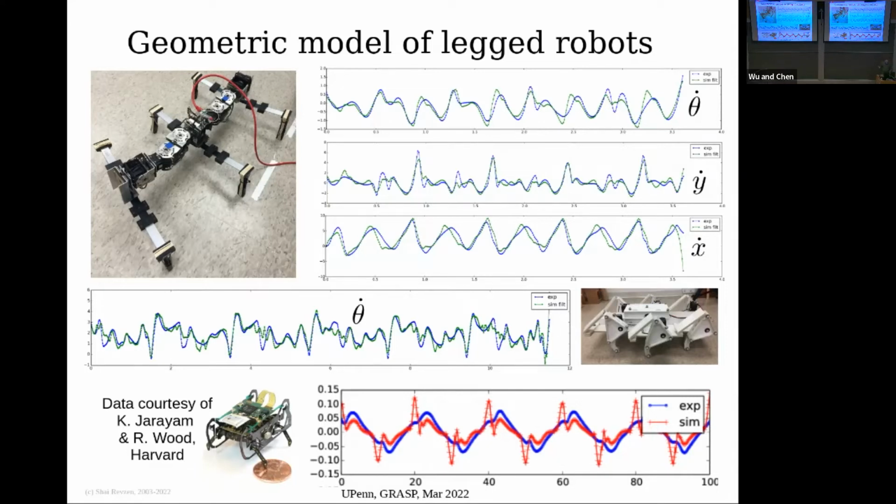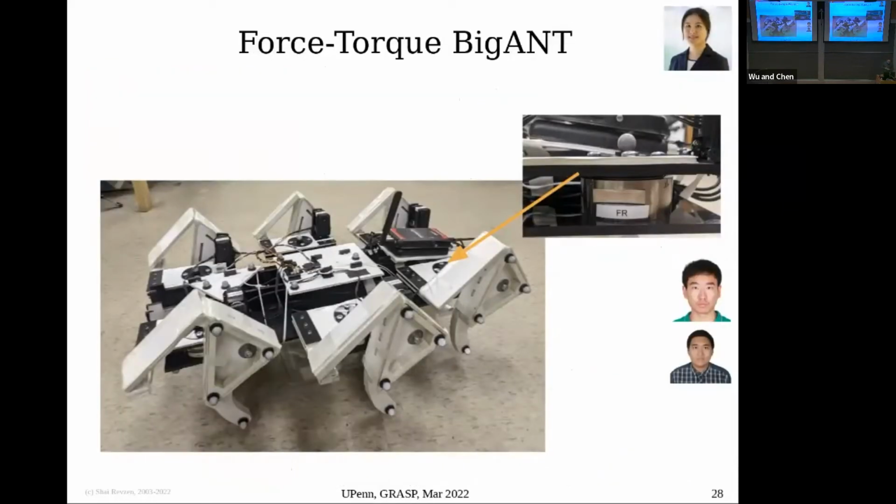And so some generous folks at the DoD funded us to build this robot, which has six-axis force torque measurement cells, one for each leg.